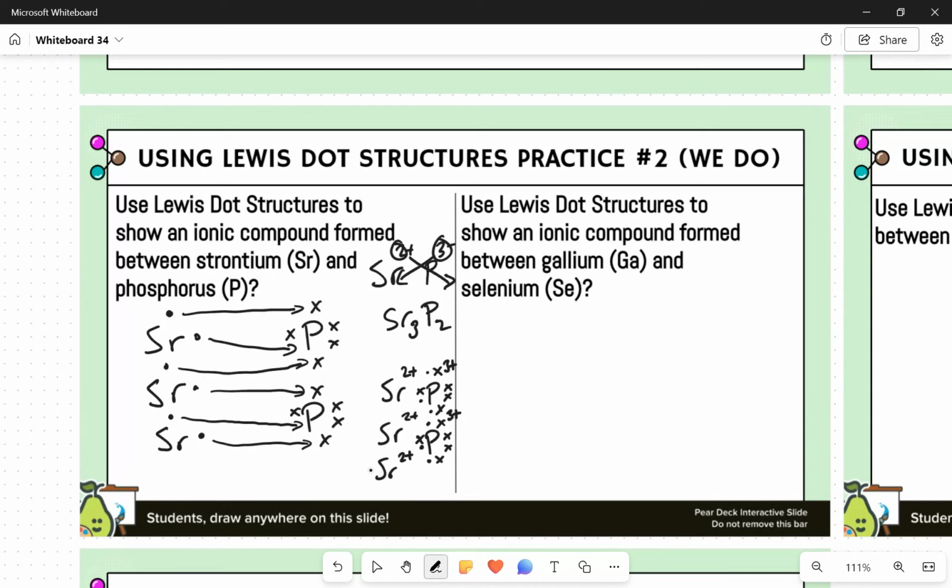So this whole contraption right here, this is our new ionic compound, where the 3 strontiums have given up their electrons to these 2 phosphoruses to kind of stick everything together.